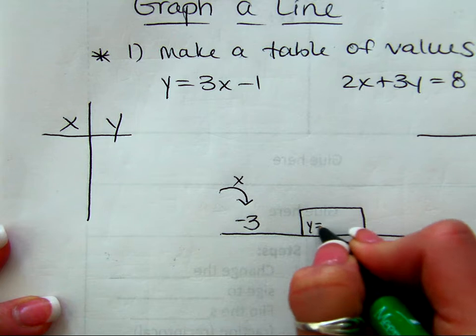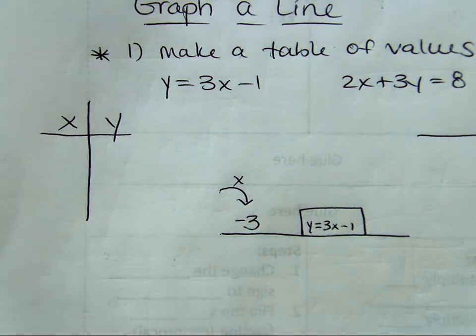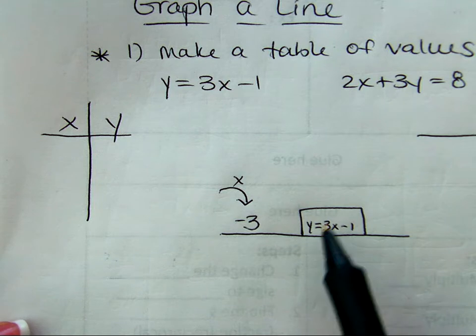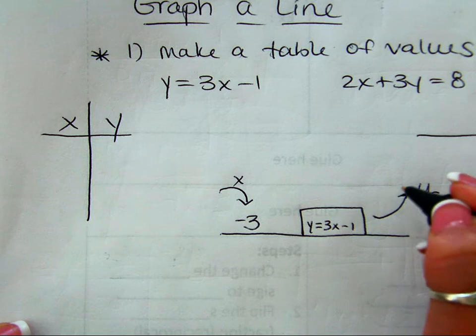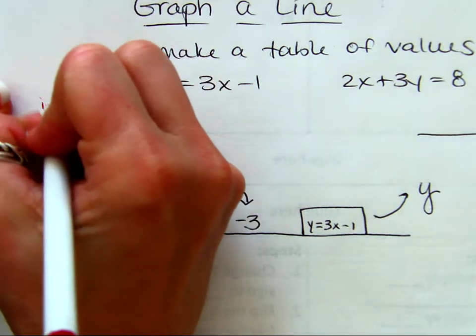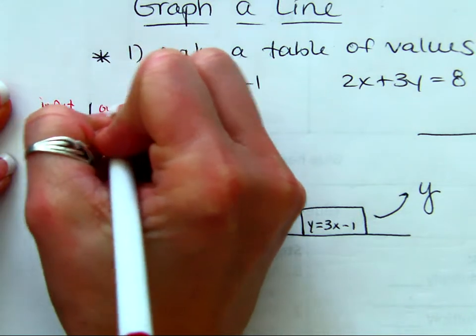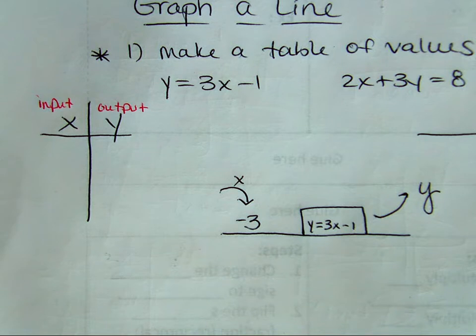And inside this equation, or this little X-ray machine, I put 3 in for X, I multiply by 3, I subtract 1, and then what comes out? The Y value. So do you remember me telling you that the X is called the input and the Y is called the output? We also know that X is the domain and Y is the range, right?